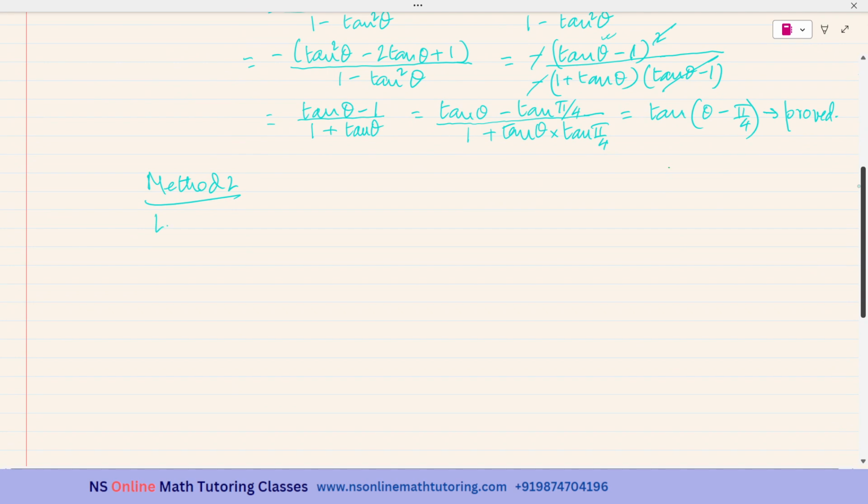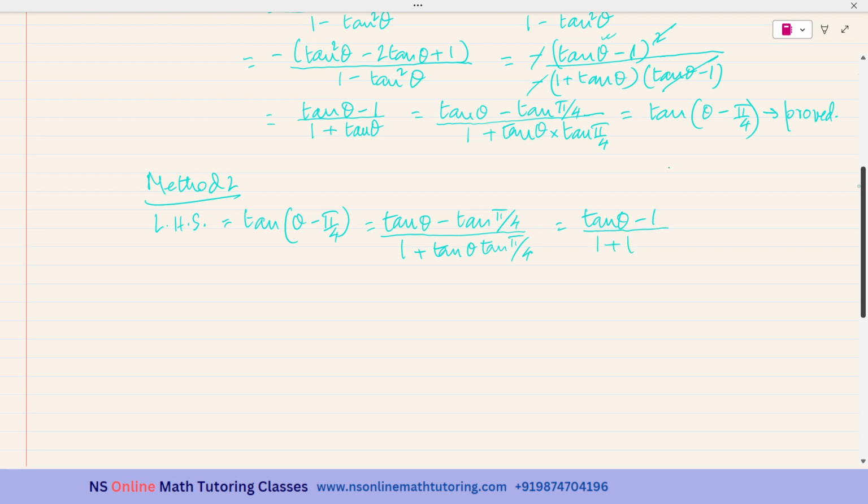So left hand side equal to tan of theta minus pi over 4, equal to tan theta minus tan pi over 4 over 1 plus tan theta tan pi over 4. Okay. Equal to tan theta minus 1 over 1 plus tan theta.